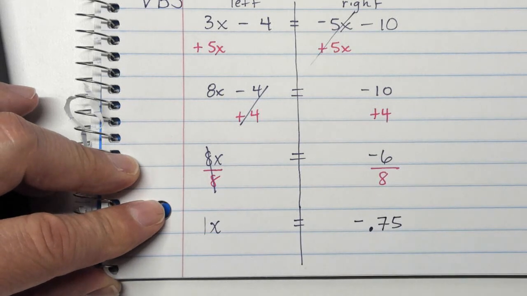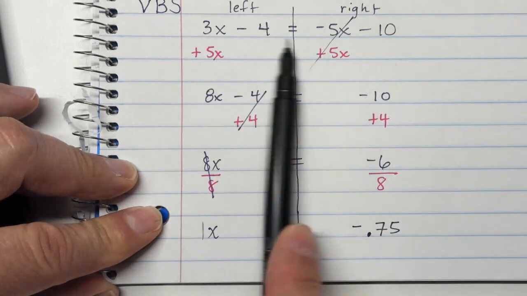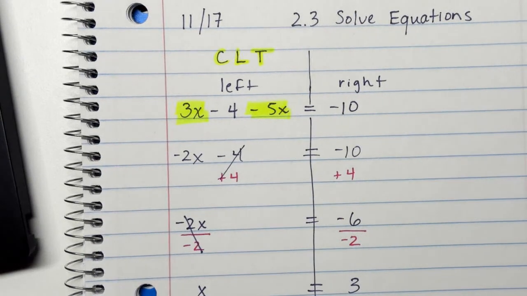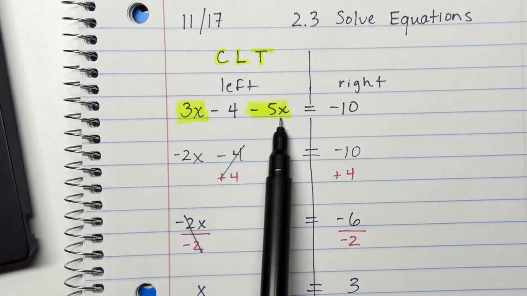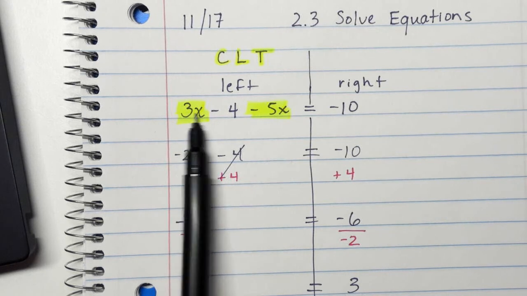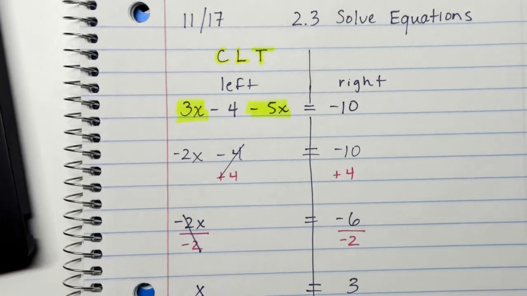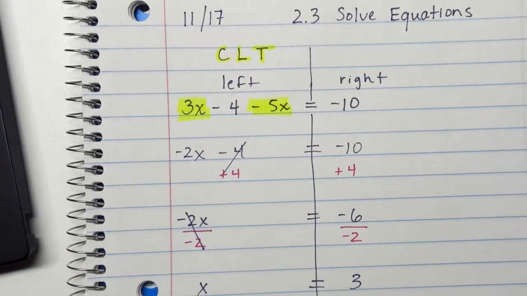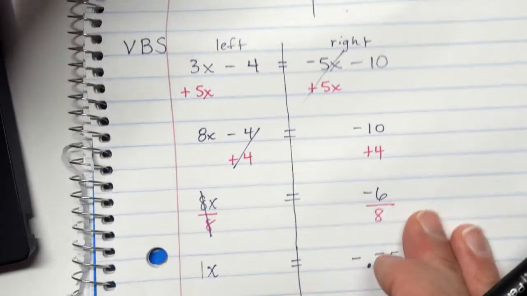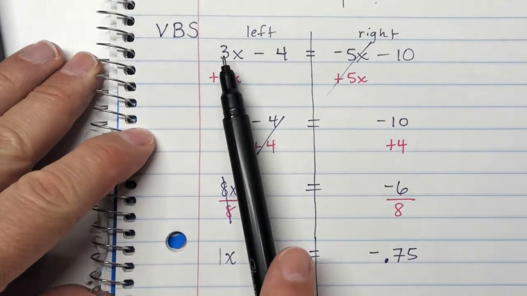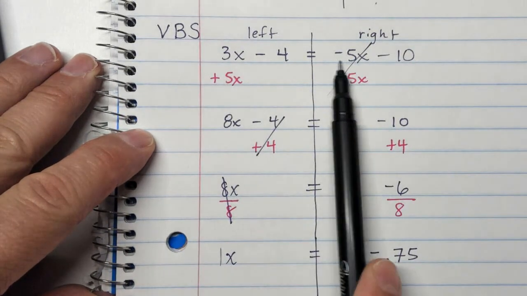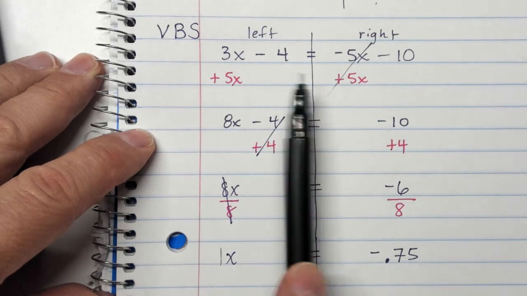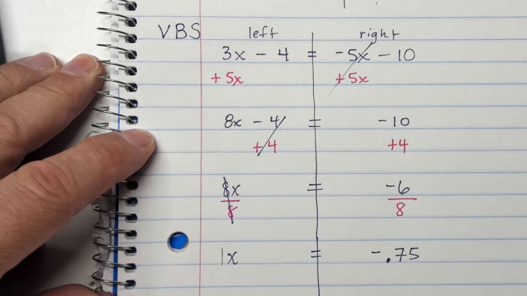So, recap. Look how close they are. The difference is, in this situation, both of the variable terms are on the same side. When they are on the same side, you combine them. If they are not on the same side, on the left, on the right, then you're going to have to either add or subtract it on both sides so that you end up getting the variables on the left side.